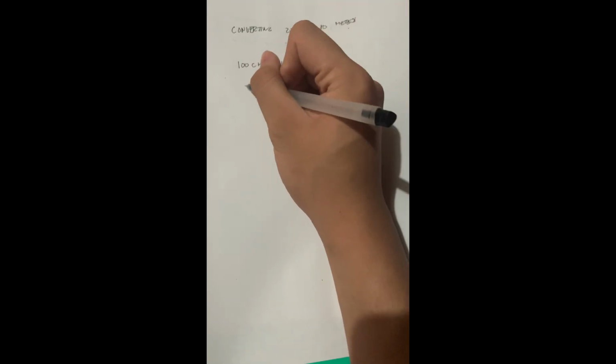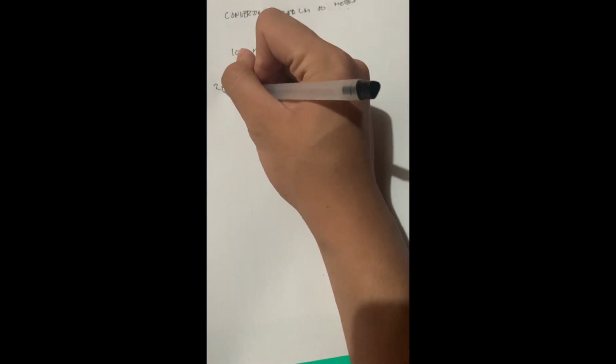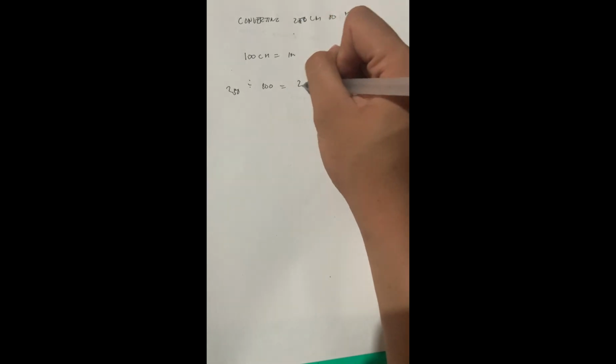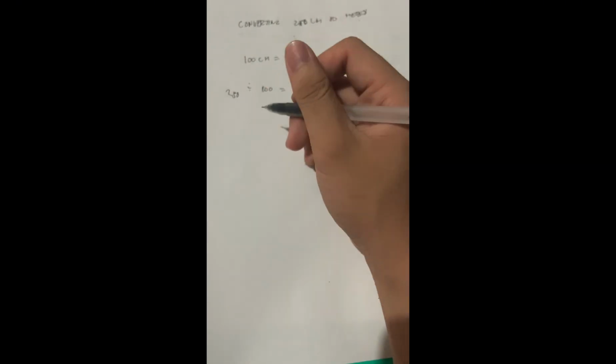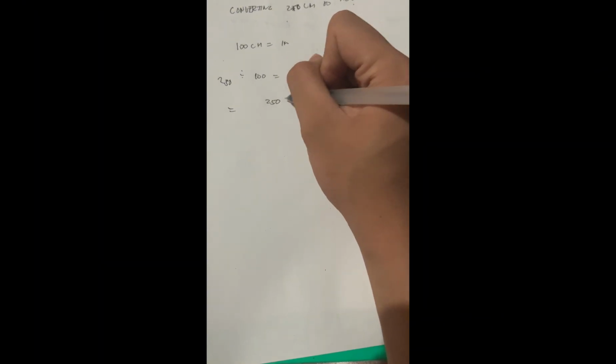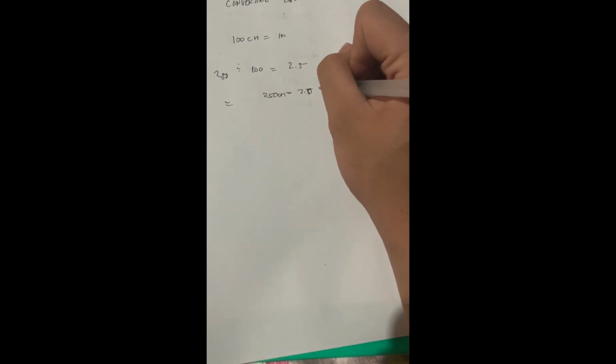Step 2, divide. 250 divided by 100 equals 2.5. So our final answer is 250 cm equals 2.5 meters.